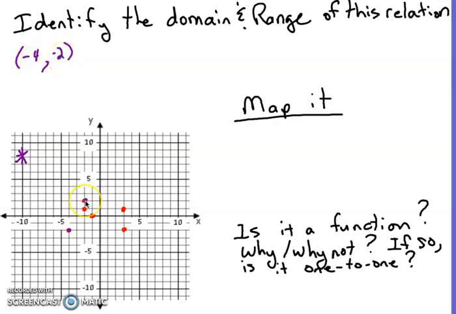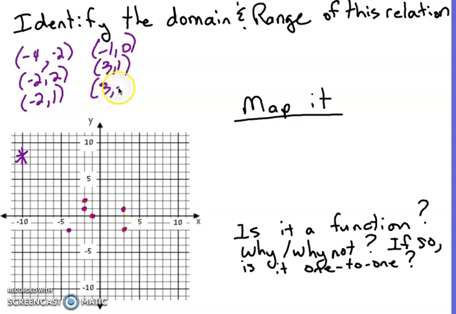This point right here is -2, 2. -2, 1. -1, 0. 3, 1, and then 3, -2. So notice it is a bunch of ordered pairs, so it is a relation.